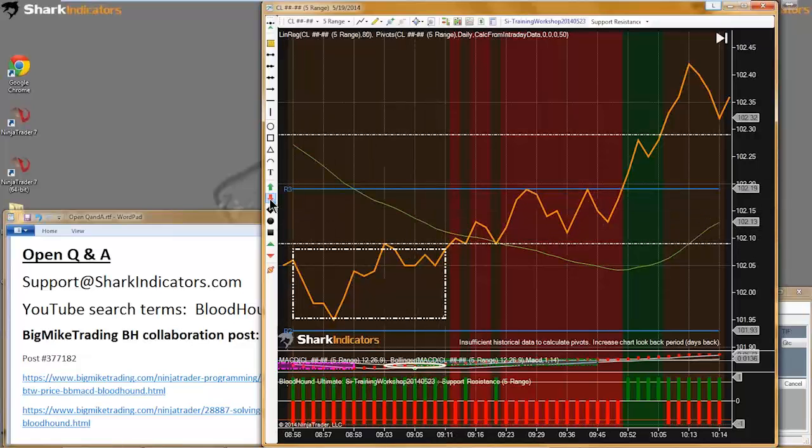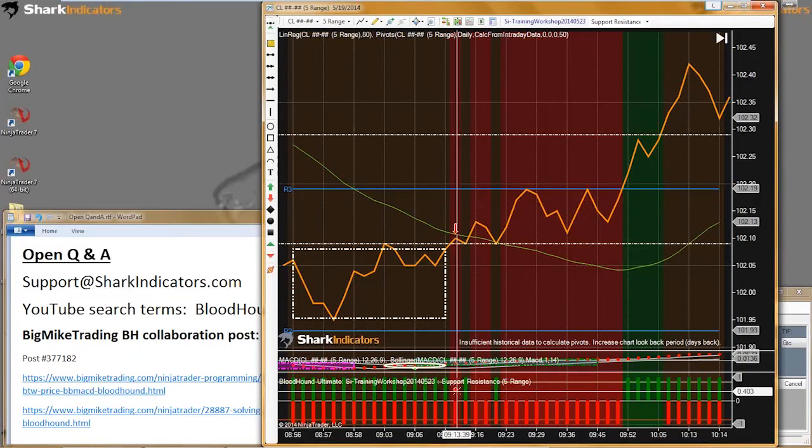And now, as soon as the closing price right here goes above our 10 tick offset, price is basically 9 ticks away from the R3 line. And look right down here, there's no long output.